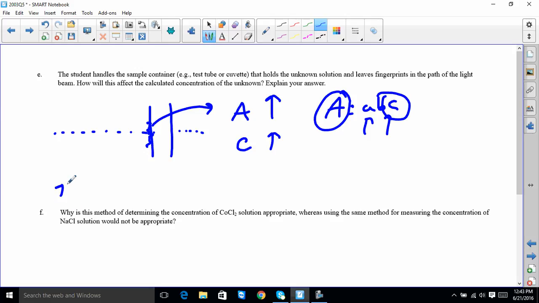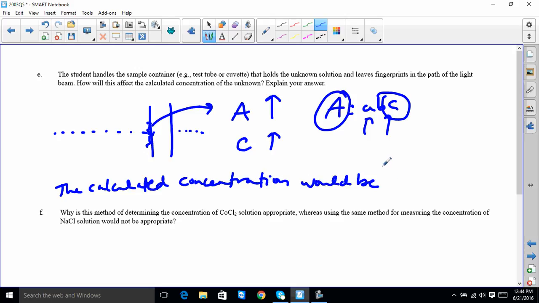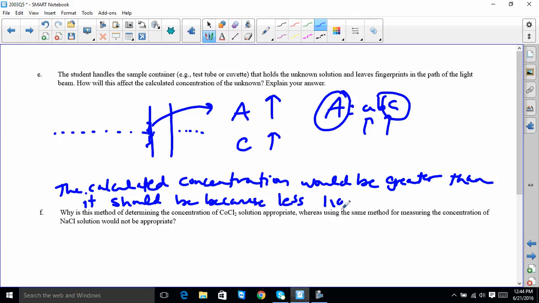So you would say something like the calculated concentration would be greater than it should be because less light gets through to the detector.